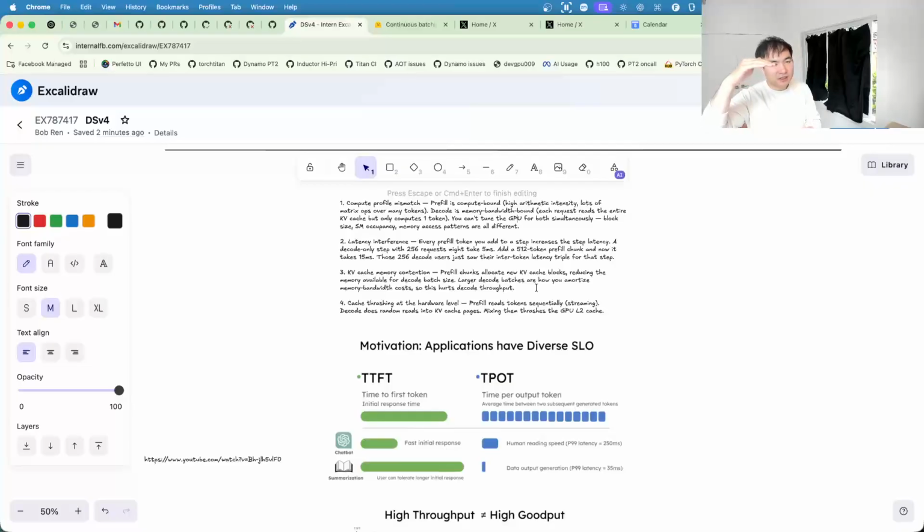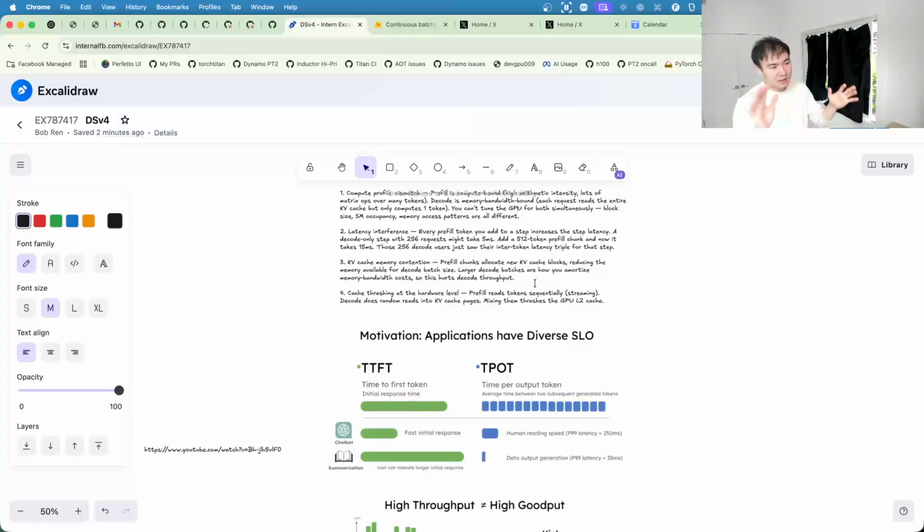But this is in contention with prefill, which likes to create new large KV cache blocks. And lastly, there's cache thrashing, where prefill reads tokens sequentially, whereas decode does random reads, and mixing them thrashes the L2 cache.